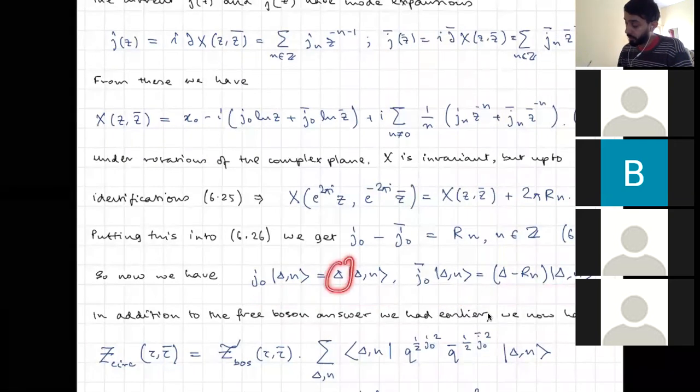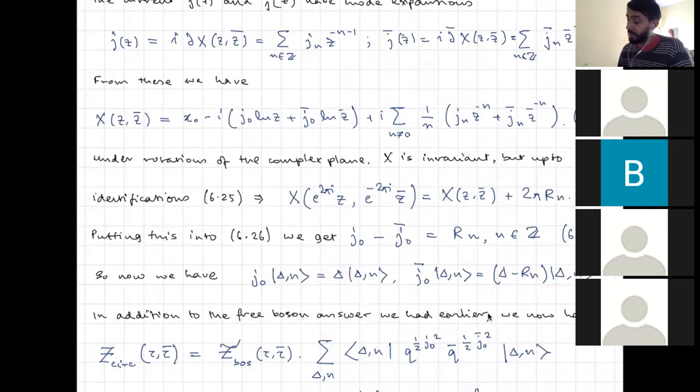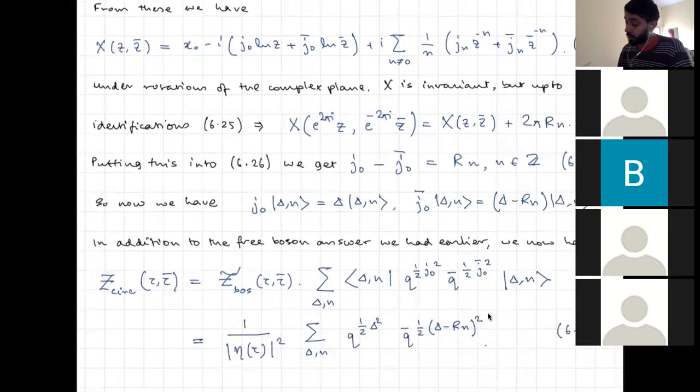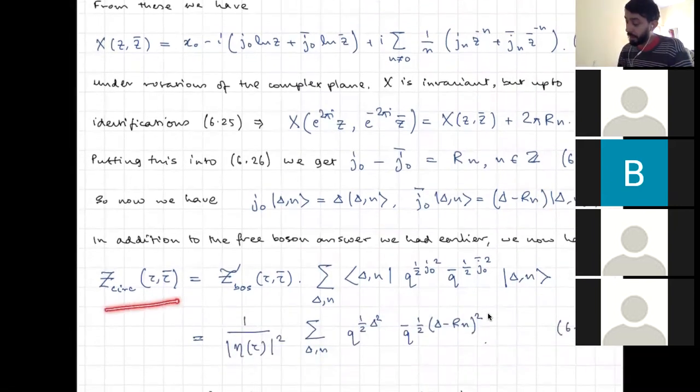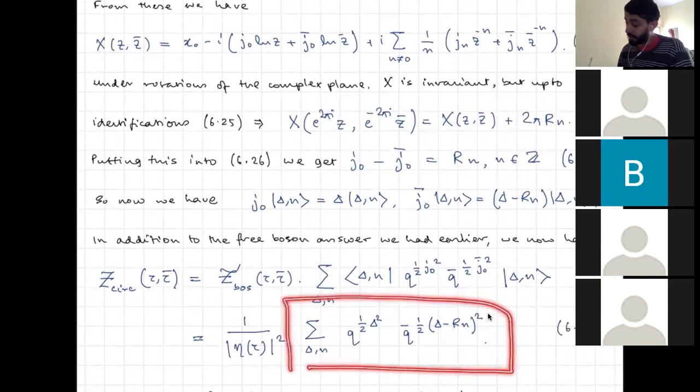This is going to give you delta, but also something that reminds us that this guy winds around this compact direction. So when you take that into account, the circle partition function is going to be one over eta squared again, but it will have these extra pieces.